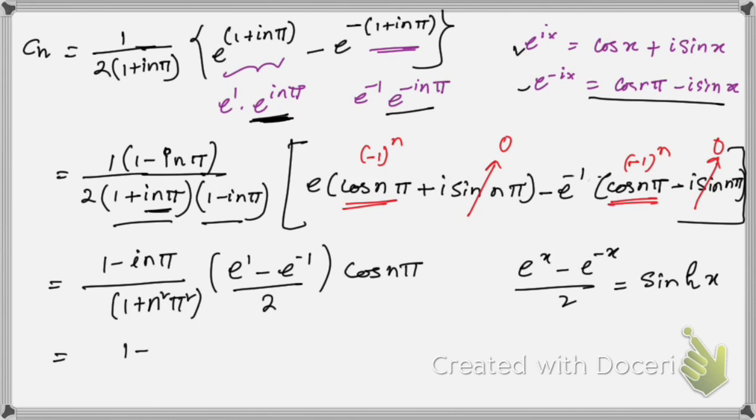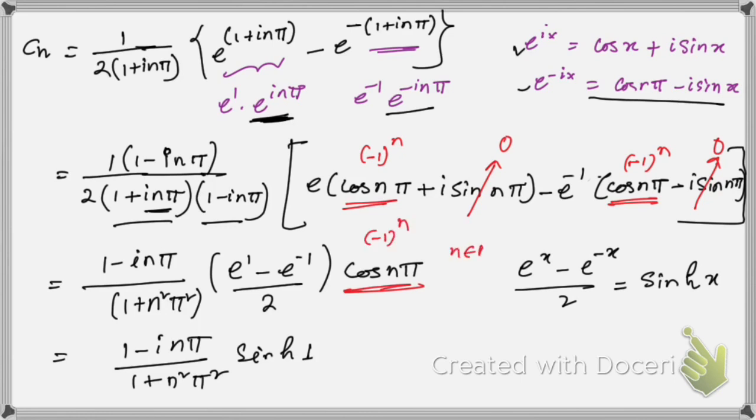So 1 minus i n pi by 1 plus n square pi square times sine hyperbolic 1, and the value of cos n pi is -1 to the power n, where n belongs to the natural numbers. So let me write the -1 to the power n here. This is the value of Cn.